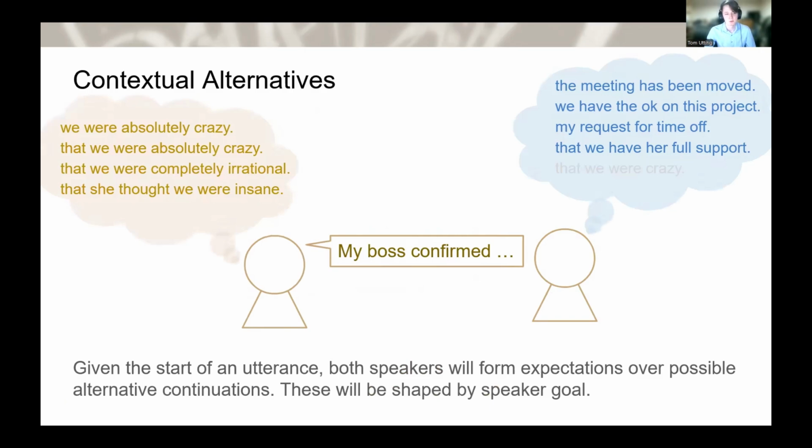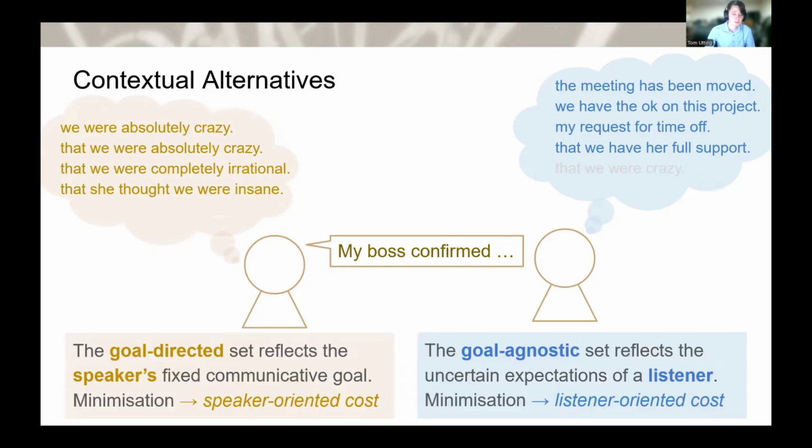In this paper, we propose a principled way to formalize and compare speaker and listener costs by making the space of alternatives explicit. Given the start of an utterance, both speakers will form expectations over possible alternative continuations. These expectations will be shaped by knowledge of, or uncertainty over, the speaker goal. The alternatives the speaker considers are shaped by their communicative goal.